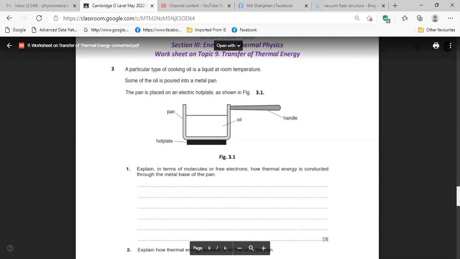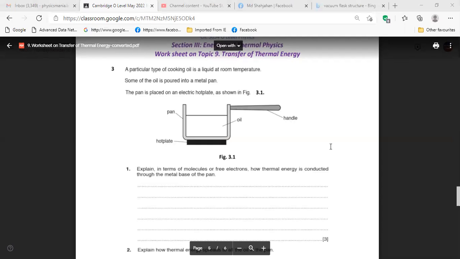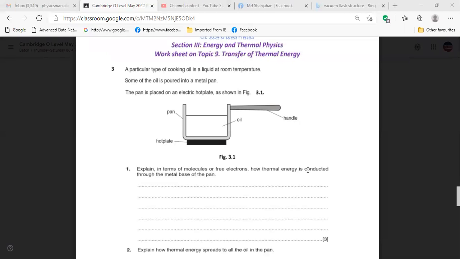Any idea? By the vibrations of molecules. Very good. And it is metal, right?